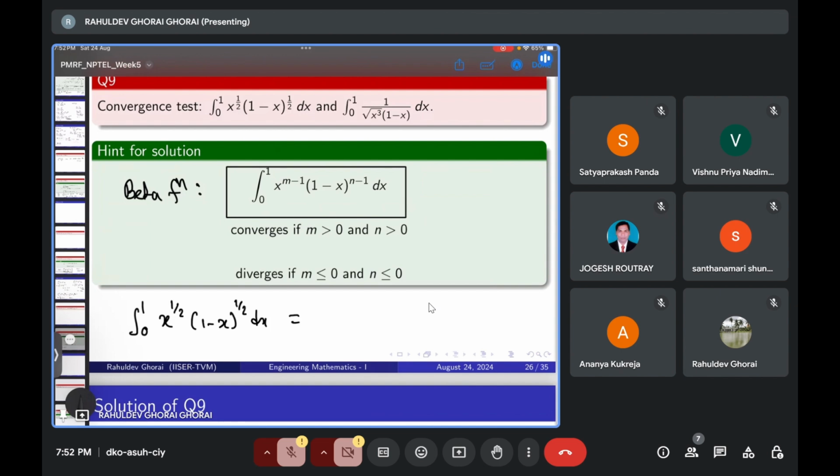How can you write this? 0 to 1 x to the power 3 over 2 minus 1 times 1 minus x to the power 3 over 2 minus 1 dx. That implies m is equal to 3 by 2, which is greater than 0. n is also 3 by 2, which is greater than 0. So it converges.